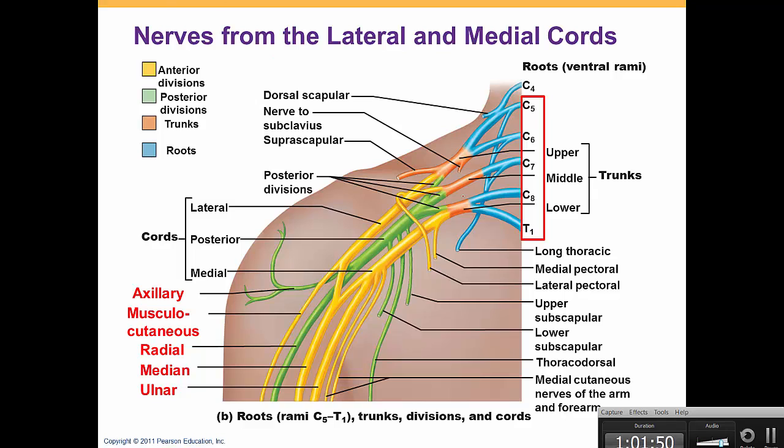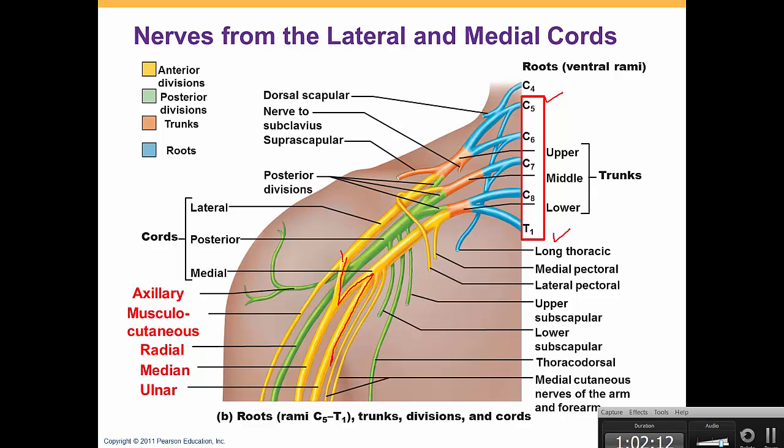Here's another pretty picture that shows you the C5 to T1 and how they undergo different organization, and finally you get these nerves. So for exam purposes on the cadavers, you need to be able to identify these nerves. I have an M shape here.